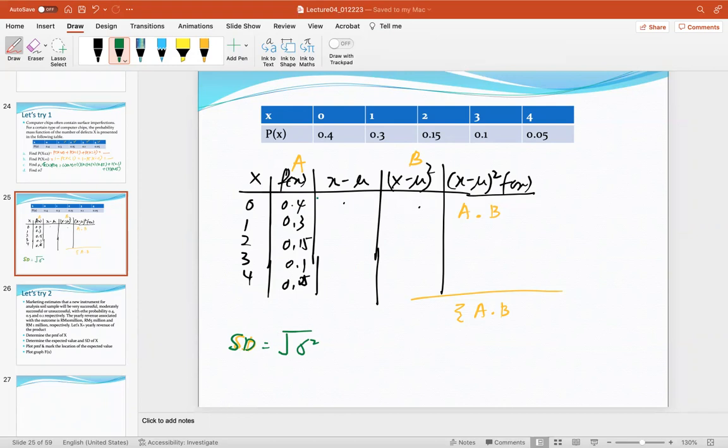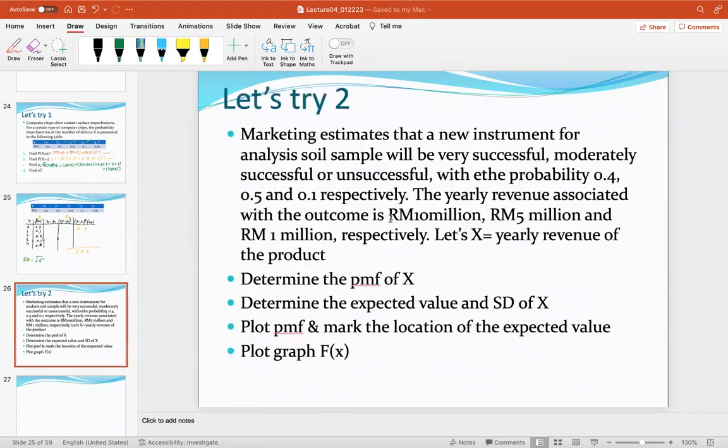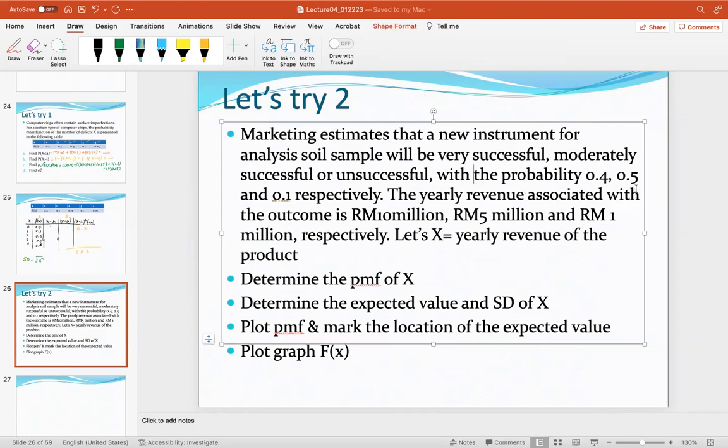Okay, so next, a market estimate is that a new instrument for analysis of soil samples will be very successful, moderately successful, or unsuccessful with probabilities of 0.4, 0.5, and 0.1.